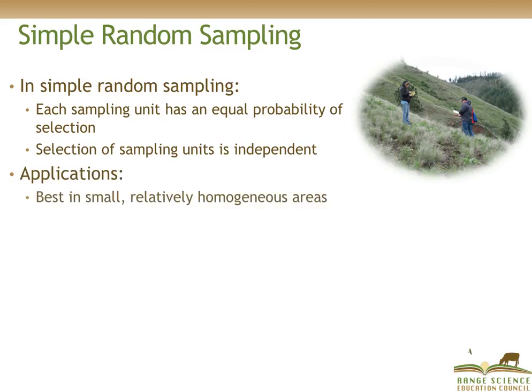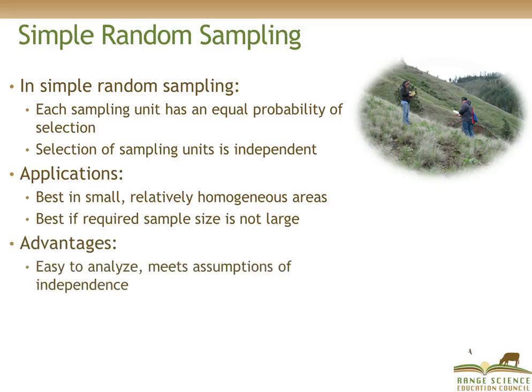Simple random sampling is very commonly used, and it's best in smaller, relatively homogeneous areas, and also when the required sample size is not excessively large. The advantages to simple random sampling are that the data are relatively easy to analyze and that it meets most statistical assumptions of independence.